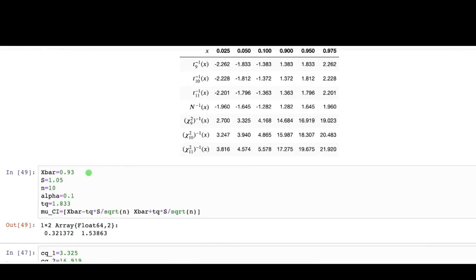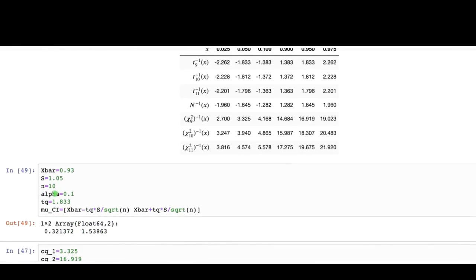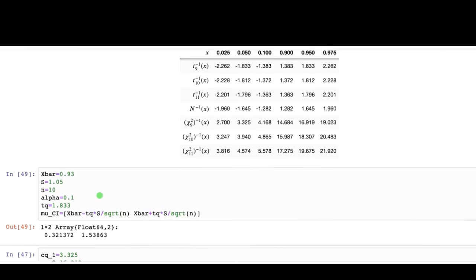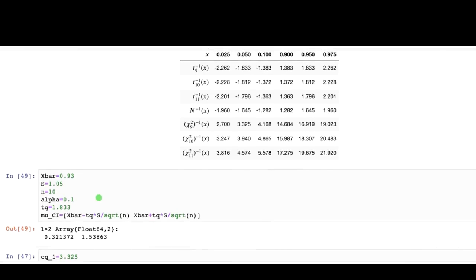We're told that x bar is 0.93, that s is equal to 1.05 and we've got 10 data points. We want a 90% confidence interval, so alpha is equal to 0.1. Now, in order to produce a confidence interval for the mean of data drawn from the normal distribution, we need to use the t-distribution with n minus 1 degrees of freedom. So we are interested in this row over here.